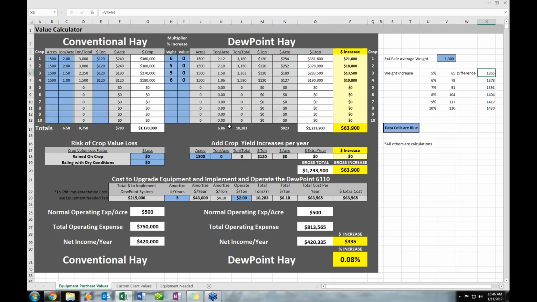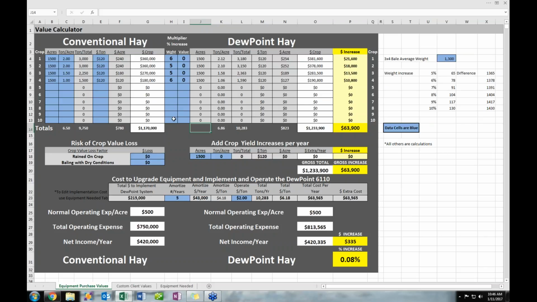Give me feedback on it where I could improve it and make it better, because this really is what helps a farm decide whether or not they need to buy this machine, especially when money is tight for a hay farm right now and there is a propensity to avoid making any new purchases in 2017.